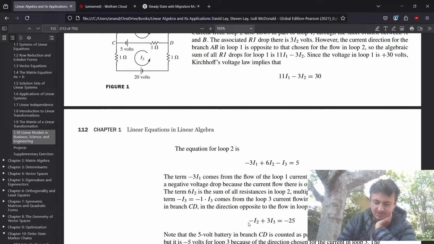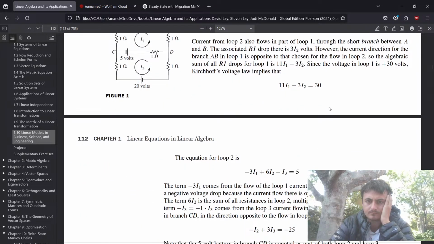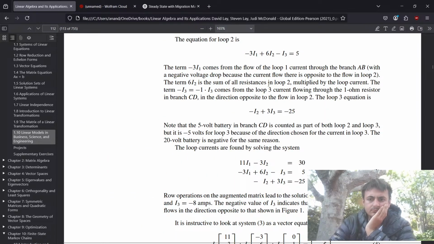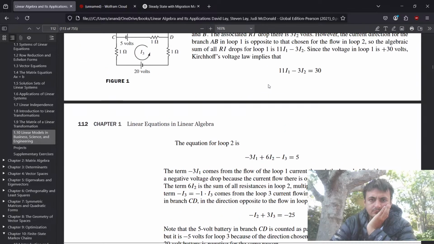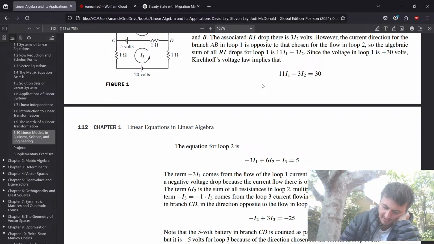Okay, so yeah, let's try to set this up. So number 3, we get 3I3 minus I2, and this is going to be equal to minus 25 volts.